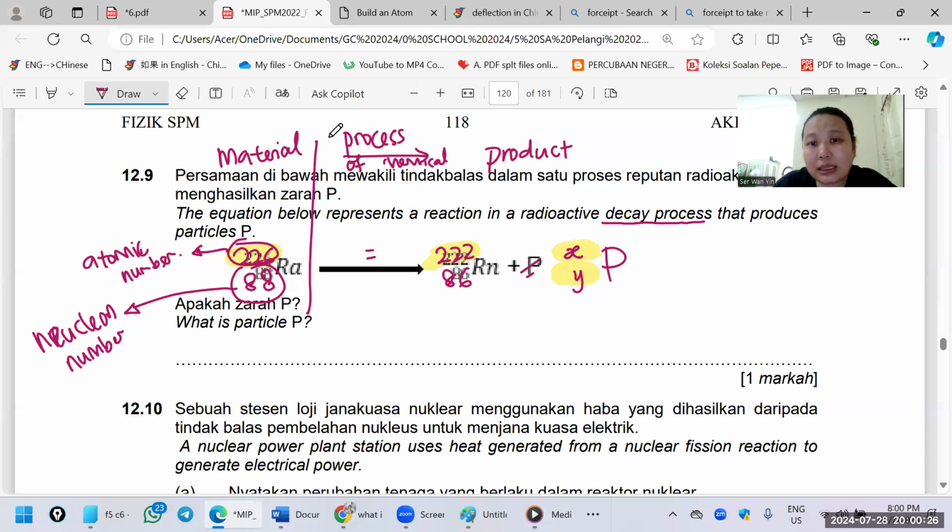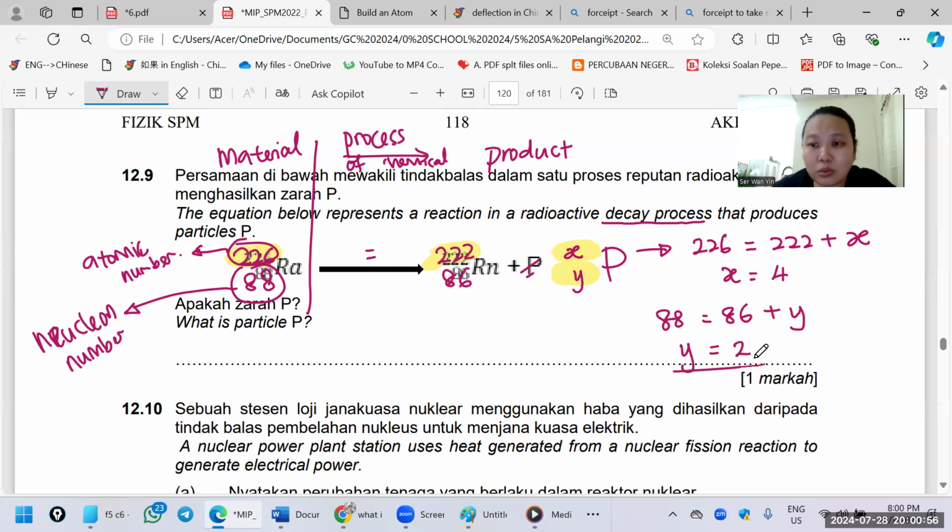So the material always equals the product, I mean the number. So we make an equation: 226 equals 222 plus x, so x equals 4. Then down here, 88 equals 86 plus y, so y equals 88 minus 86, which is 2.